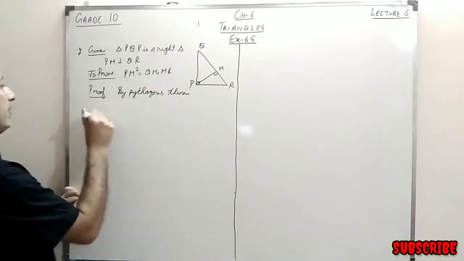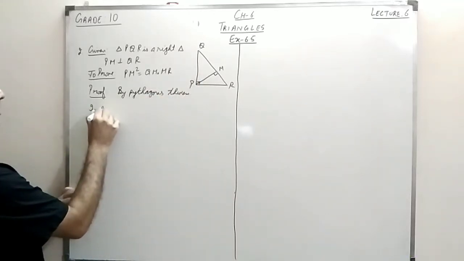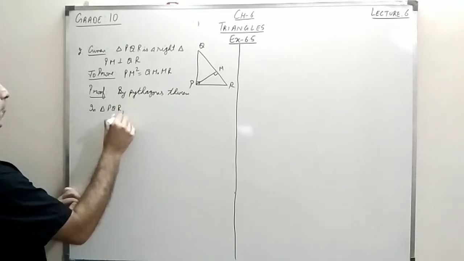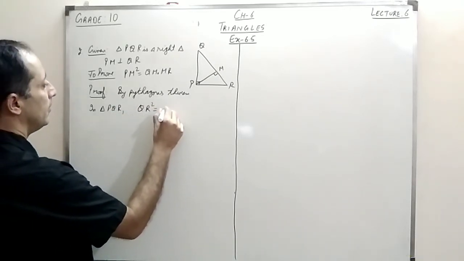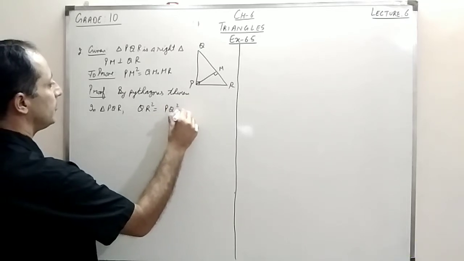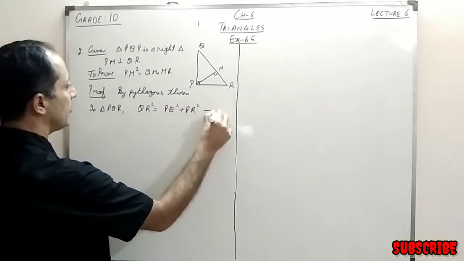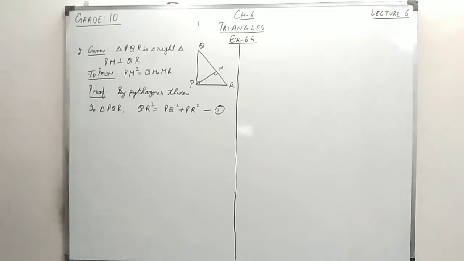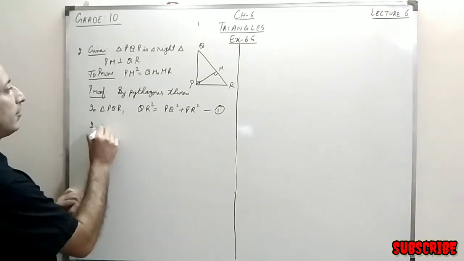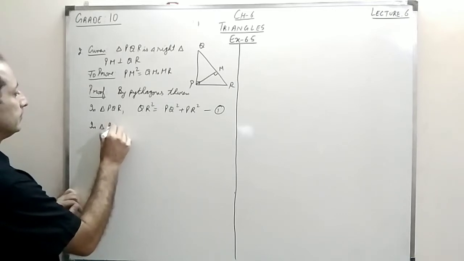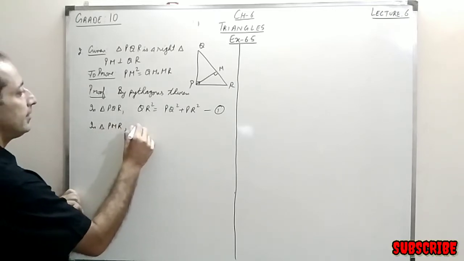if we talk about the main triangle, I say in triangle PQR, what I can write? QR square is equal to PQ square plus PR square, and then I put it as equation number 1. Then if I take the other triangle, that is a smaller triangle, triangle PMR, what I can say?